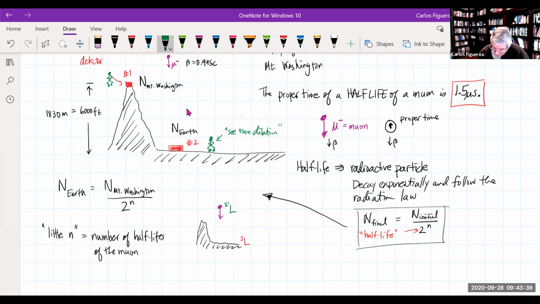Or I could have the muon stationary. Here's my muon. I could have that the muon is stationary. And this time, what's happening? There's a relative velocity.